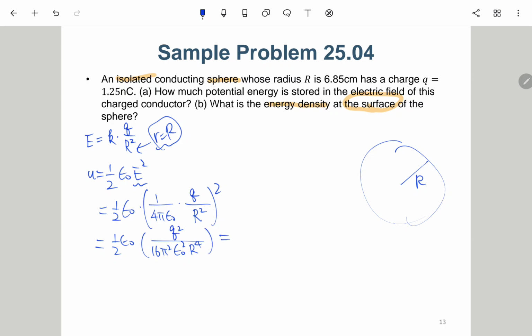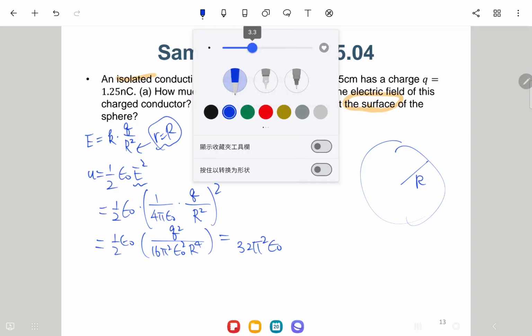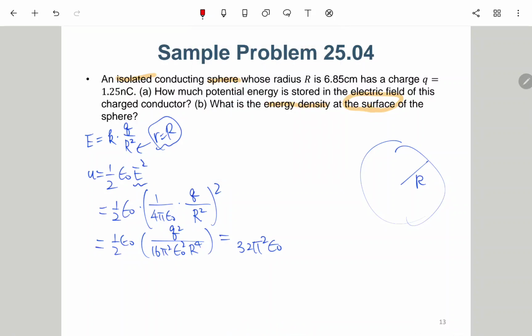So altogether we have a 32 pi square epsilon naught. Okay, one of the epsilon naught is cancelled with this one, and so we have R to the 4th power here, and then on the top we have Q square. So in this case we can just substitute the numbers.